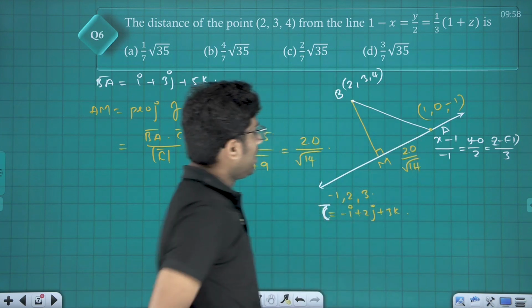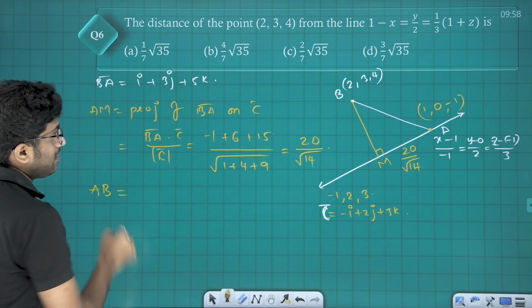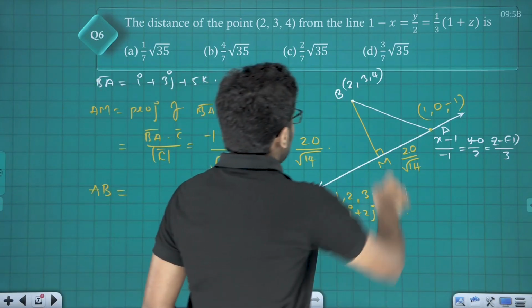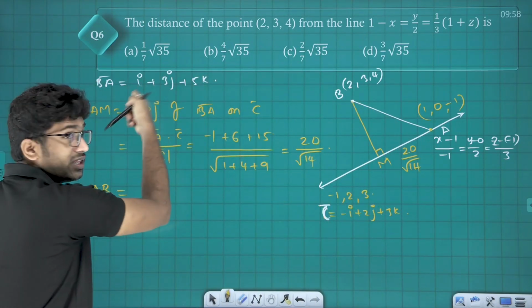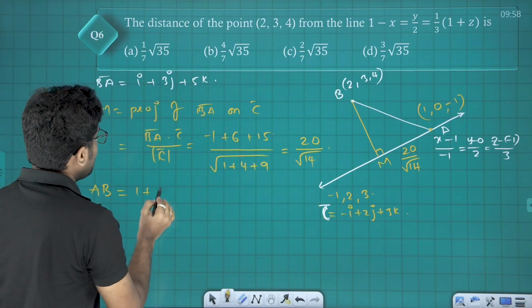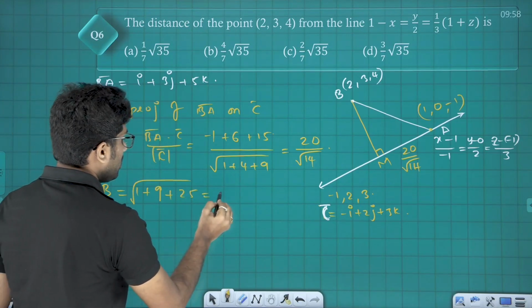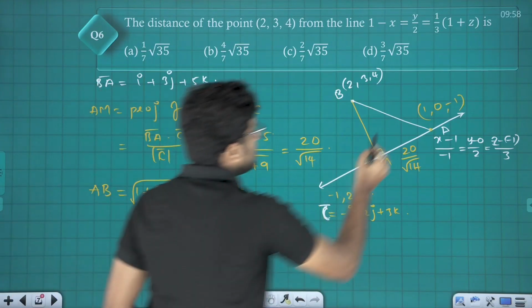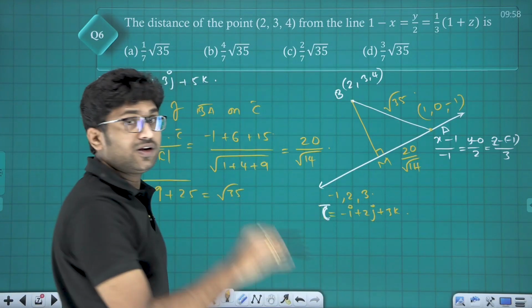Also find the AB value. AB is the distance between these 2 points. AB is equal to the modulus of this, that is 1 plus 9 plus 25, so that is nothing but root 35. Now what they are asking us to find is BM.